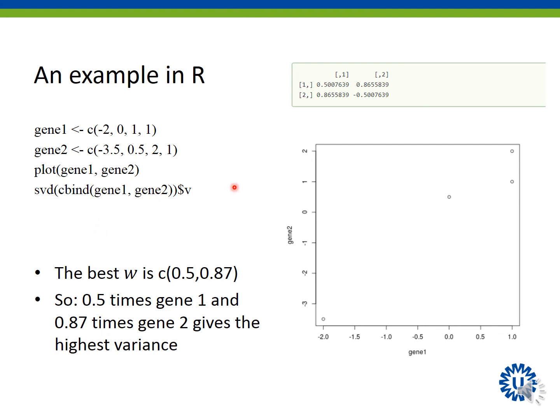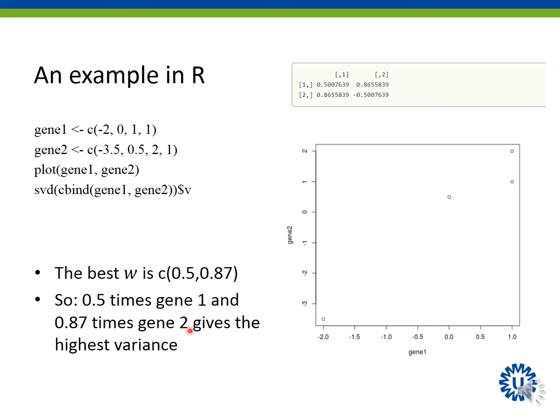If we do that, these are the resulting right singular vectors. You can see that the best w is more or less 0.5, 0.87. So what can we say? The direction that maximizes the variance is 0.5 times gene 1 and 0.87 times gene 2.